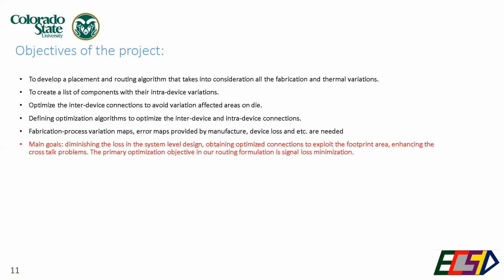The ingredients that we need to achieve these objectives are fabrication process variation maps provided by the manufacturer, again the error maps provided by the manufacturer, and the device loss of each device. So the main goal is diminishing the signal loss in general.